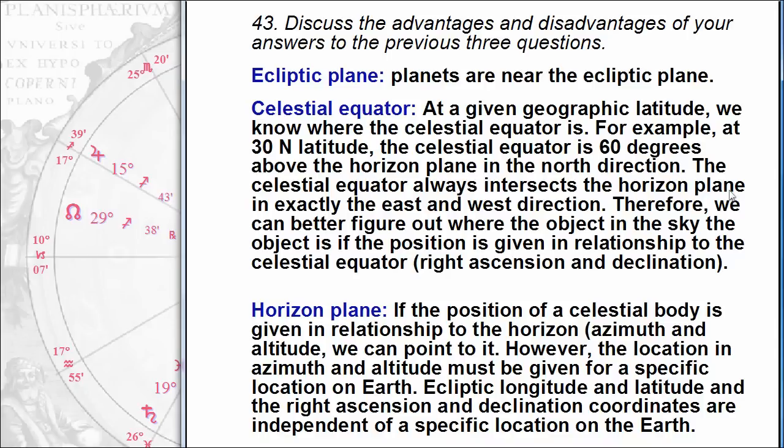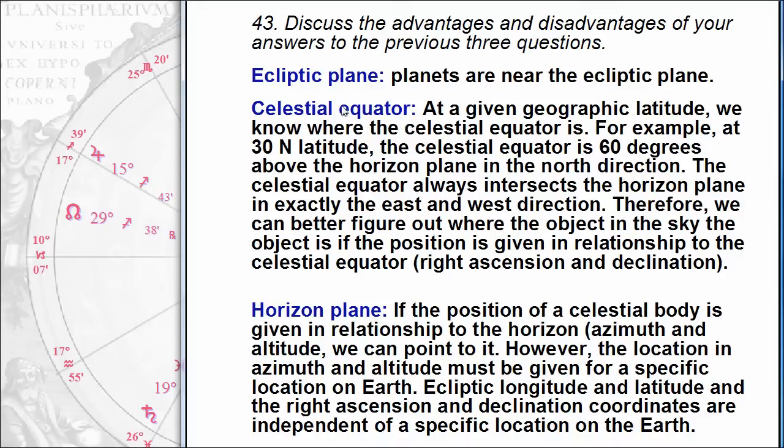So if the astronomer says, we discovered this new minor planet, and measured along the celestial equator, it's at 40 degrees from some particular agreed upon starting point on the celestial equator, and it's 10 degrees north of that celestial equator, at least we know where our reference point is. We know where the great circle is that we're basing it on.